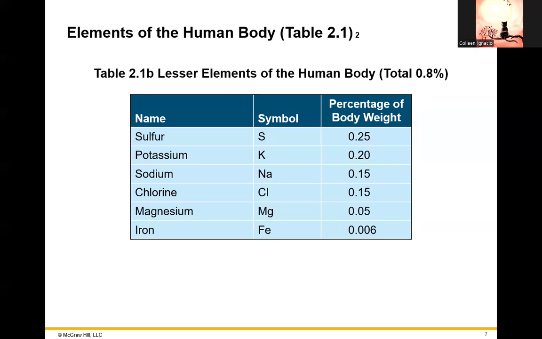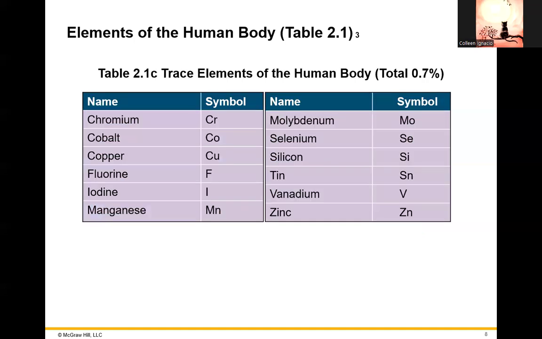Now, here are some other elements that are lesser in their percentage of our body weight, but they are still essential for survival and healthy survival. So we have sulfur, potassium, sodium, chlorine, magnesium, and iron. We also have trace elements within the human body, and these are needed in a very, very small amount, but they're still important.